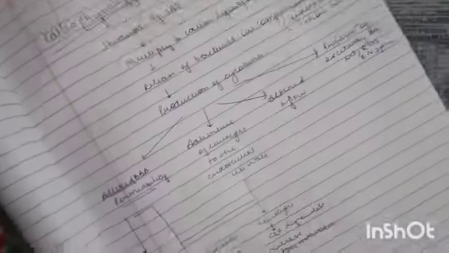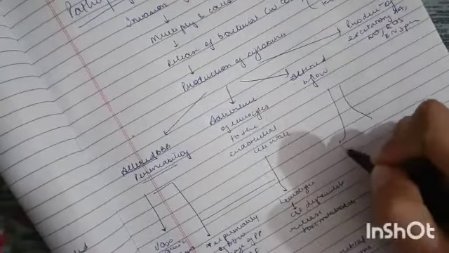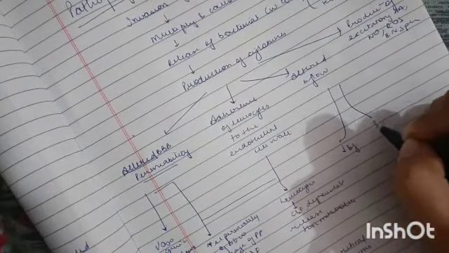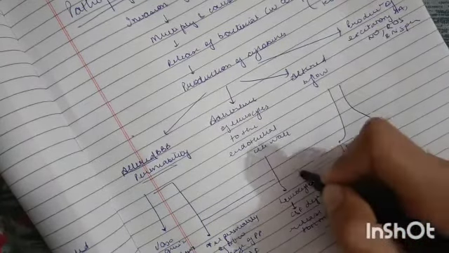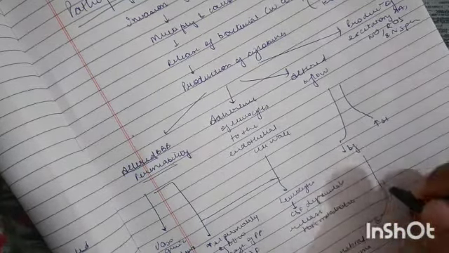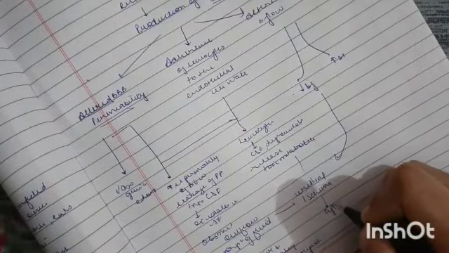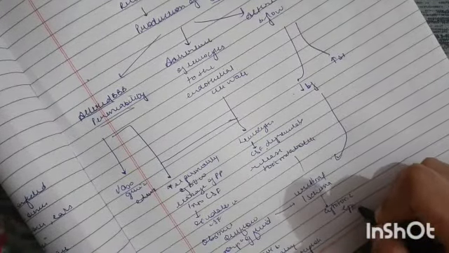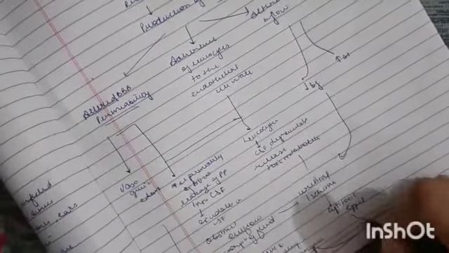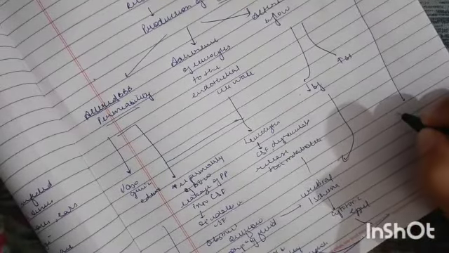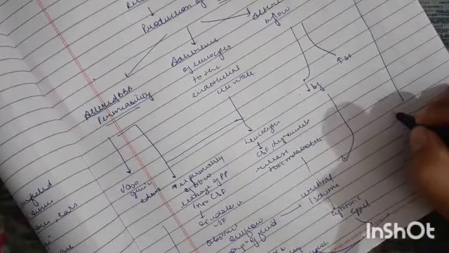Now, in altered blood flow, either it will decrease or it will increase. It will be accompanied by this. Then, this is going to have a cytotoxic effect. All of them will lead to cell death.